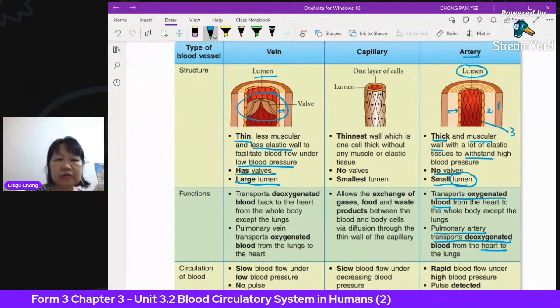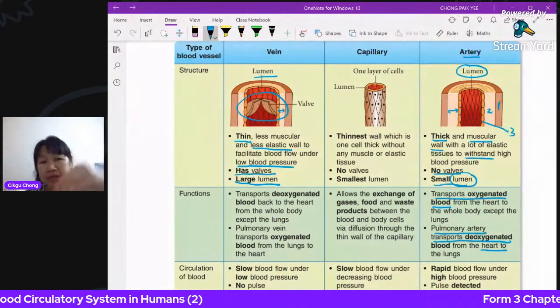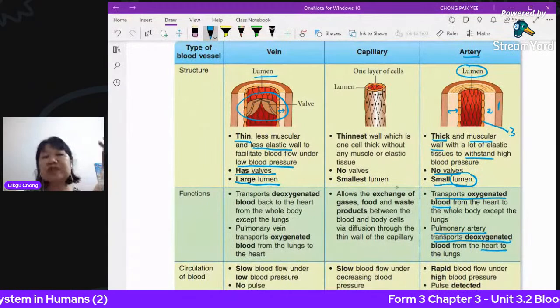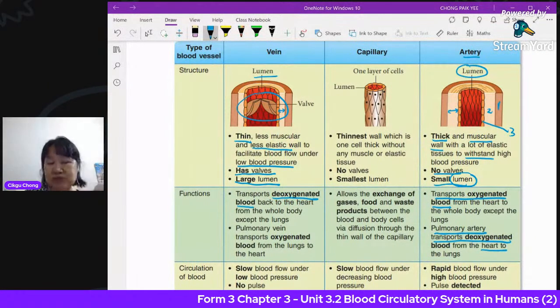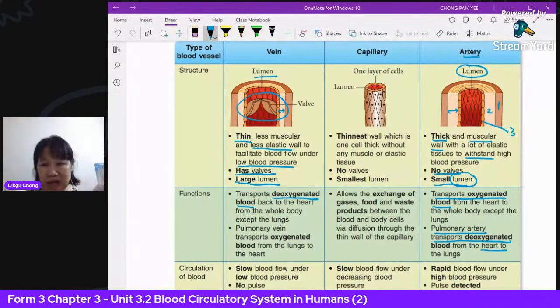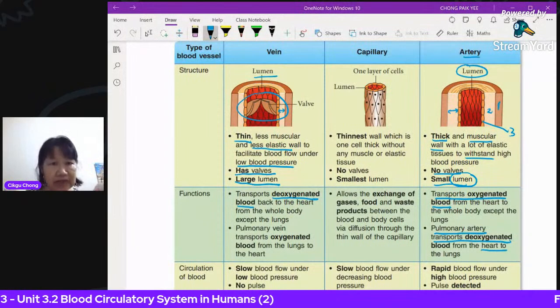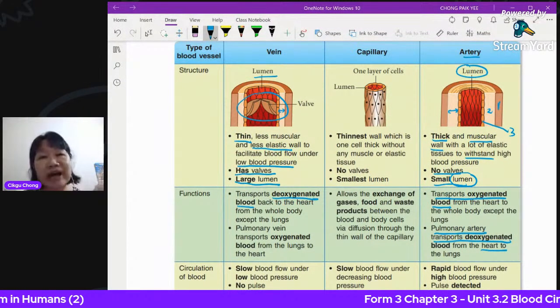Okay, now for the vein, as you know, vein brings the blood back to the heart, so it should be carrying deoxygenated blood, isn't it? Because it's coming back from the body cells to the heart. So it should be carrying deoxygenated blood, except there is also an exception.